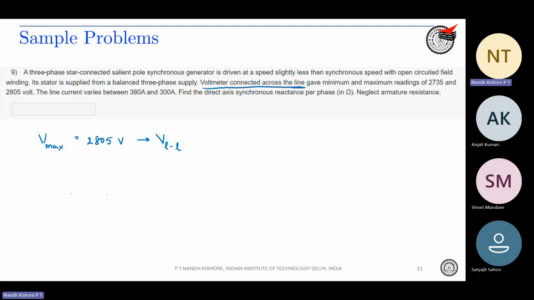Similarly, they have given V min as 2735 volts. And they have also given I min as 300 amperes and I max as 380 amperes, right?